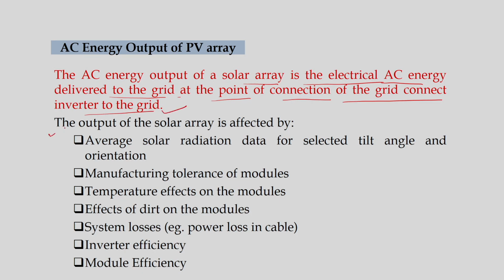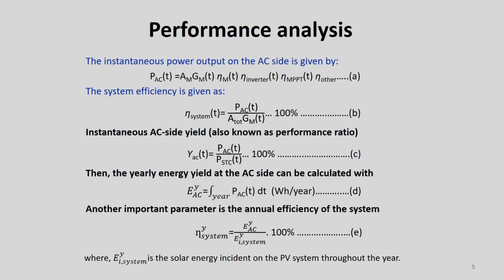This output of the solar array is affected by many parameters, for example: average solar radiation data for selected tilt angle and orientation, manufacturing tolerance of modules, temperature effect on the modules, effect of dirt on the modules, system losses in the AC cables and DC cables, inverter efficiency, then module efficiency.